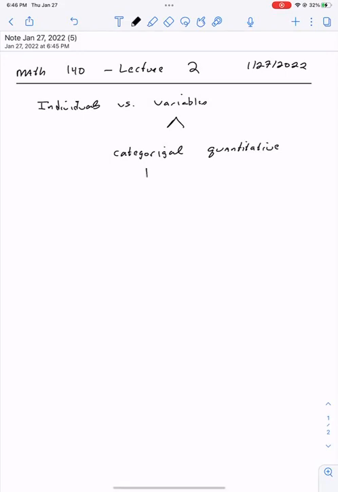Categorical variables are described via pie charts and bar graphs. I just showed you a couple of pictures and it was kind of obvious. And then we talked about some of the different displays that we would use for quantitative variables, namely a histogram, a dot plot, a stem plot.